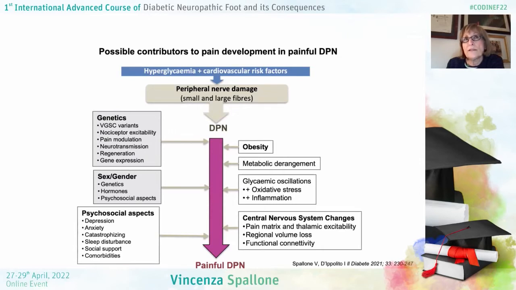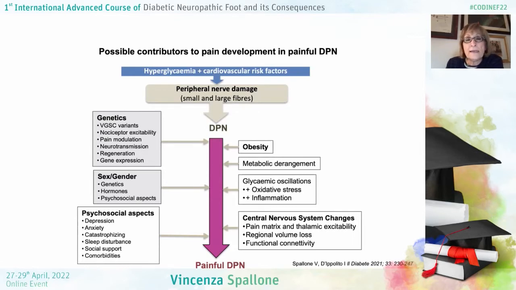One conundrum in the field of diabetic neuropathy is why half of people with diabetic polyneuropathy have pain and the other half not.